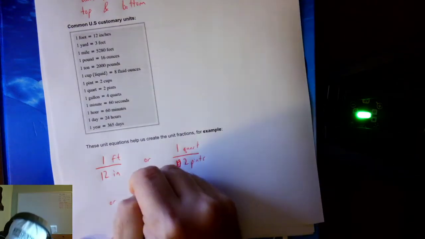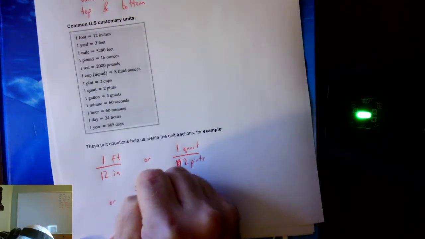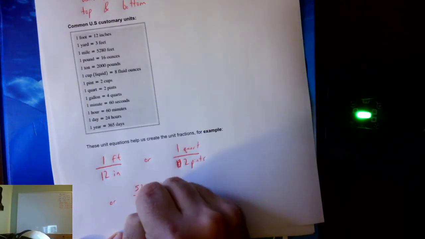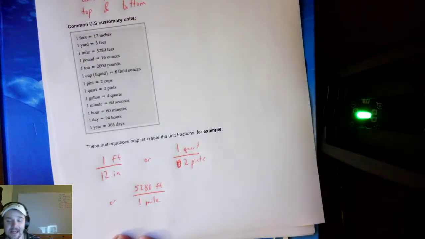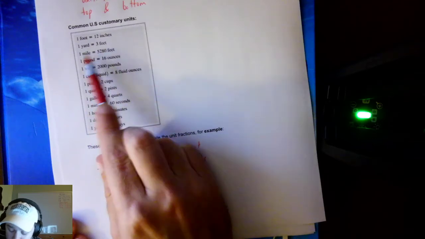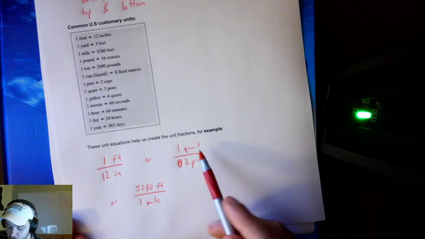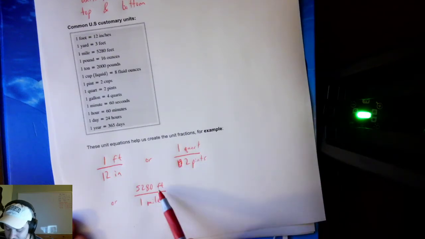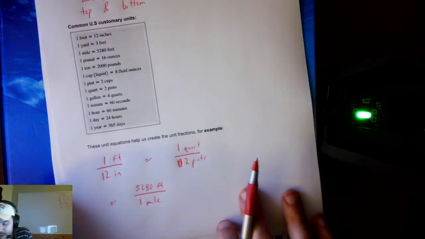Maybe we have 5,280 feet over 1 mile. That is another unit fraction. Notice I'm using these equations. The values I know are equal to one another create my unit fraction. 1 foot was 12 inches. 1 quart was 2 pints. 5,280 feet was 1 mile. These are unit fractions.